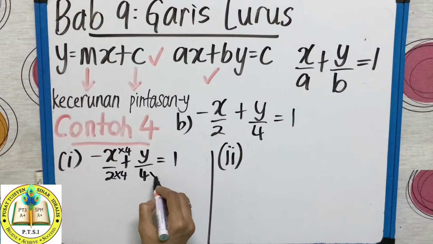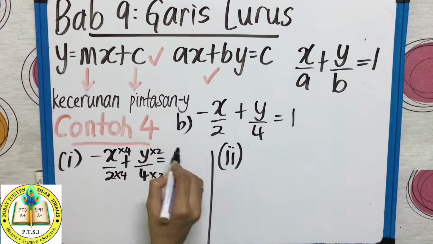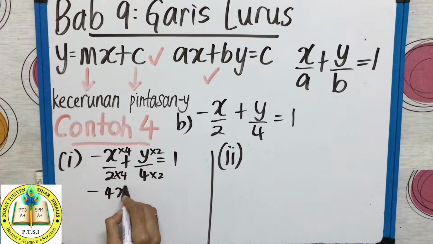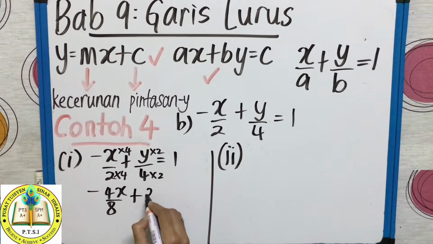Here got 2 times 2 times 2. Nampak? So once you do that, what do you get? Apa yang kamu dapat? You get negative 4x over 8 plus 2y over 8 equal 1.